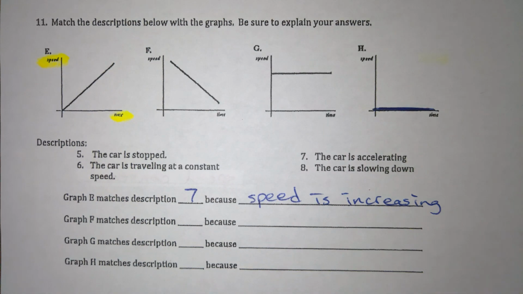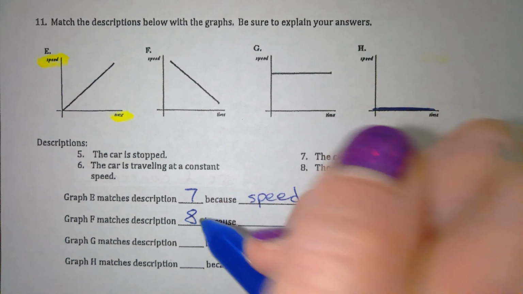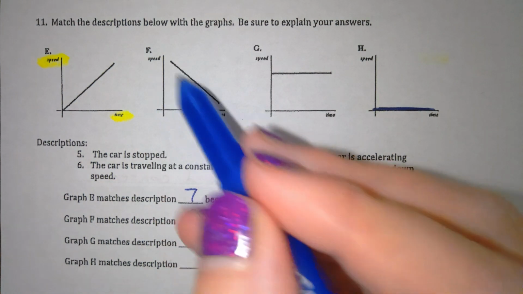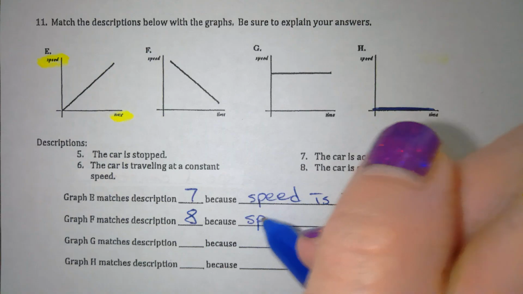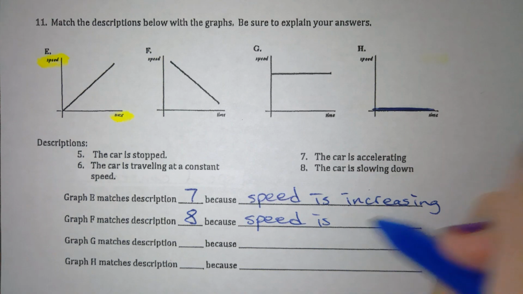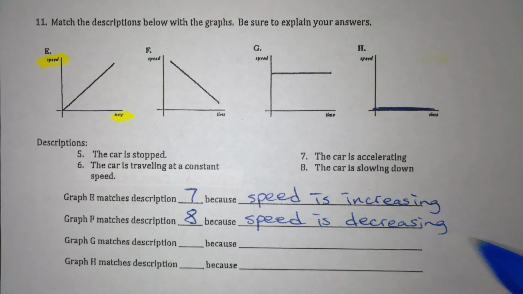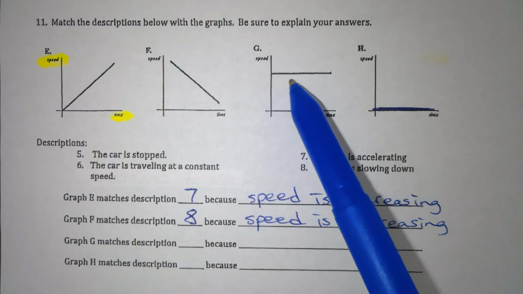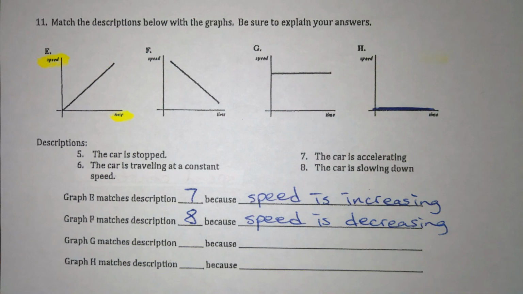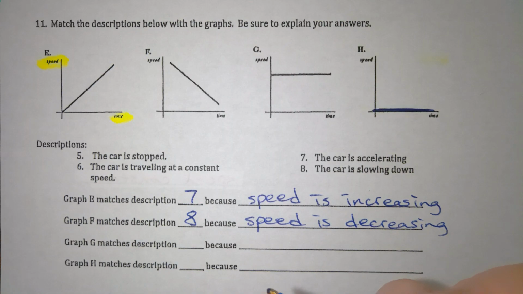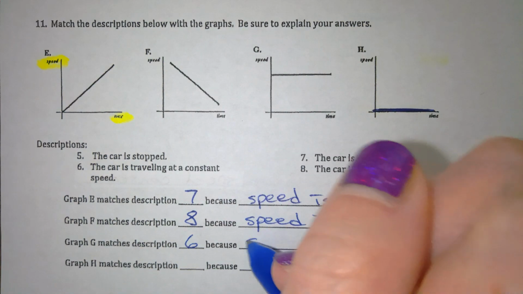Jeffrey? Yeah, so you see the difference between number 6 and number 11 now? The speed is decreasing. Okay, Nikon, graph G, this one. What's happening to your speed? It's the same. Good. So this is 6. Speed stays the same.